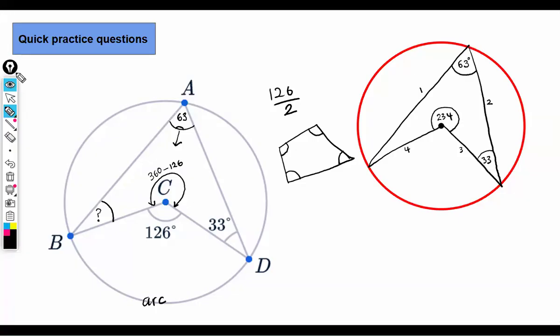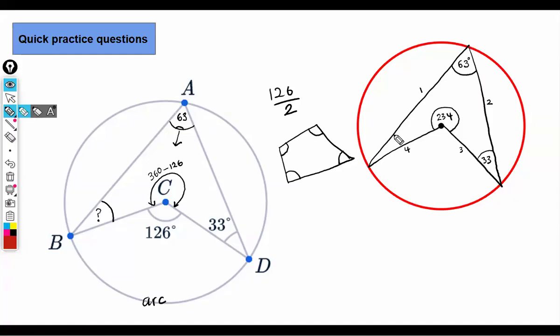Just double checking it here. Yep, seems I'm correct there. Answers coming up slow. You all agree with the 234 there? 360 minus 126. You think you all could finish the question here for me?